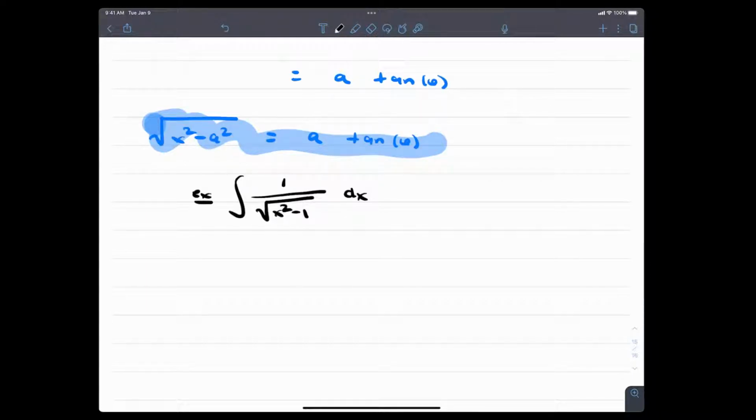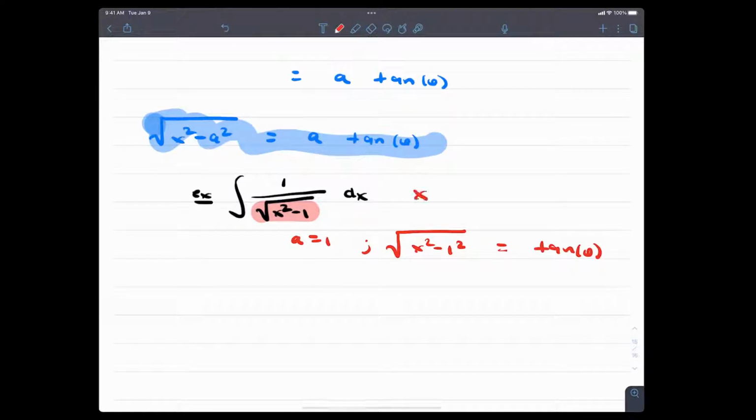All right, so notice this. If you say, okay, you only have that radical, there's no x anywhere, right? So we're going to replace that with, what is a, by the way? Good. So a is 1. So we're going to say the radical x squared minus 1 gets replaced with just tangent theta.